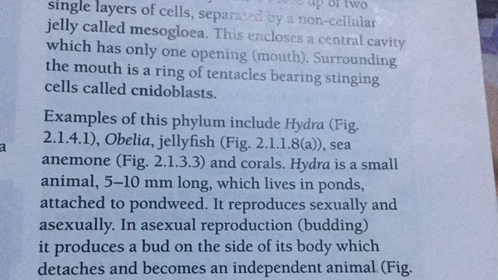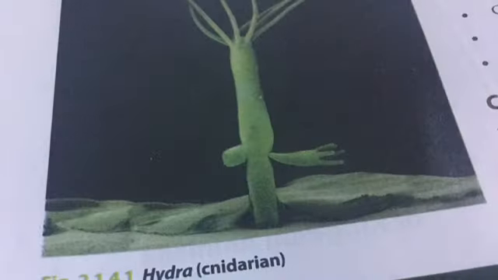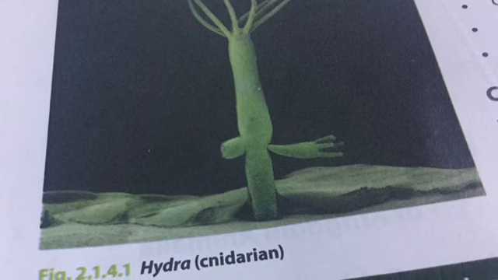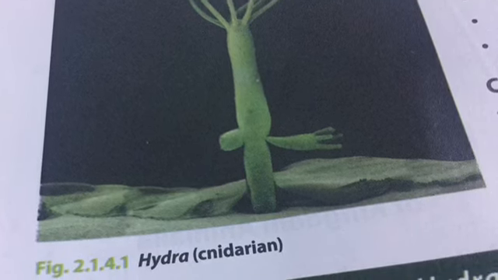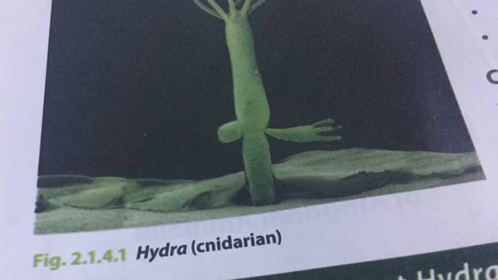In asexual reproduction, budding, it produces a bud on the side of its body, which detaches and becomes an independent animal. This is how the hydra looks.